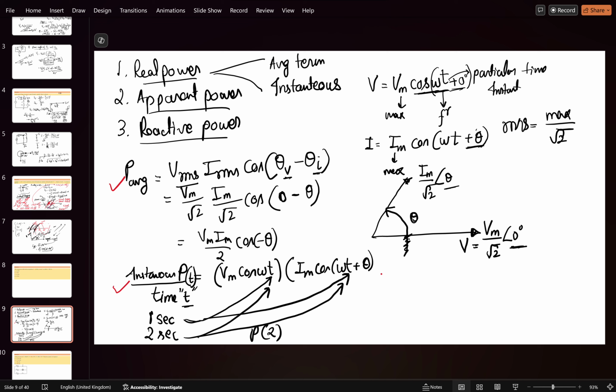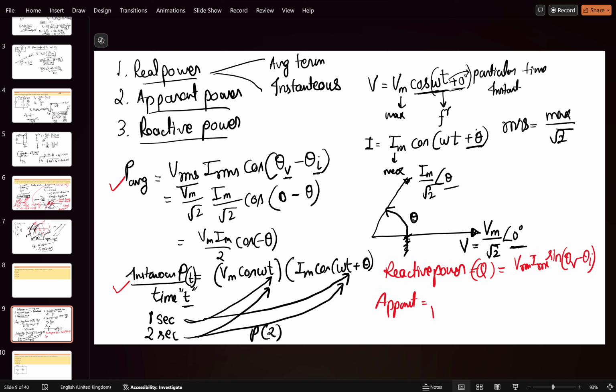What about the apparent and reactive power? Reactive power follows the same terms as we have seen for the average P. The Q average will be equal to Vrms, Irms, sine of theta V minus theta I. And what about the apparent power?